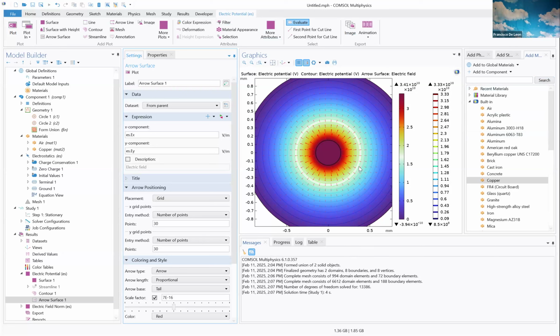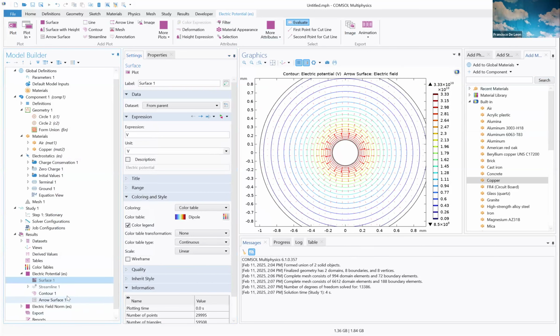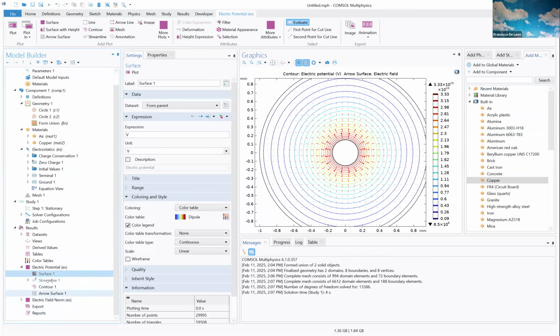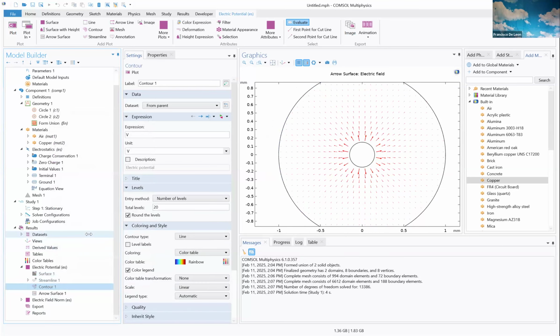Get rid of the colors and get rid of the equipotentials too. There you go. Put more arrows.